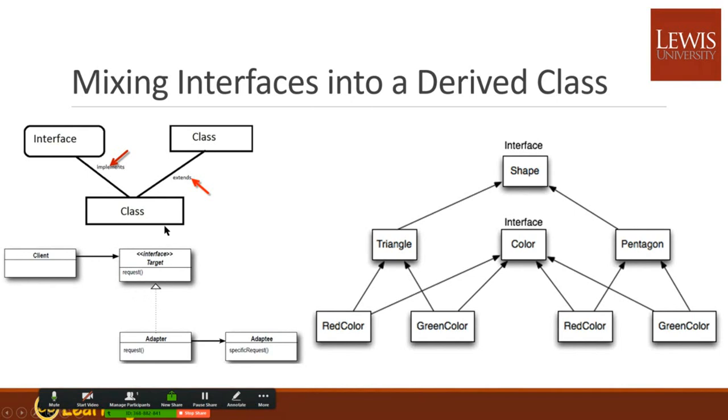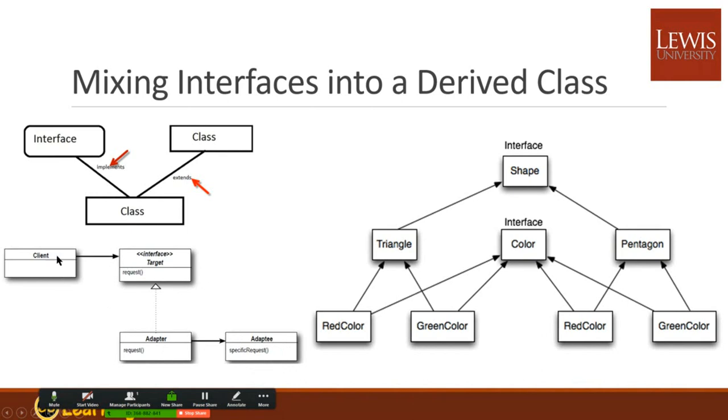And this way you can set up the adapter design pattern. You have the adapter implementing the target interface, and then you have the adaptee, which performs a special request.